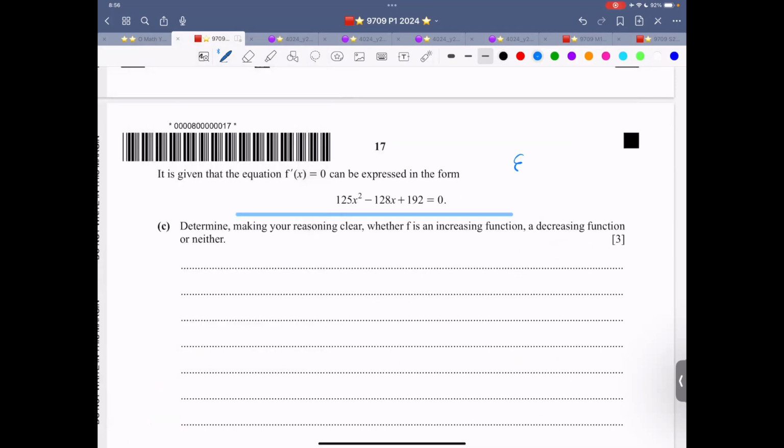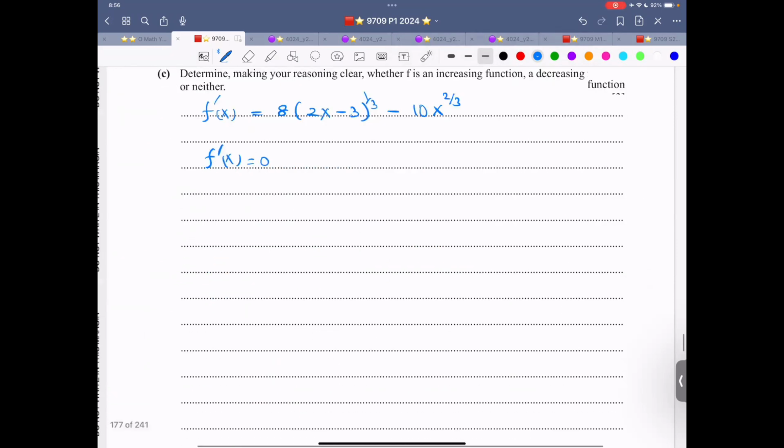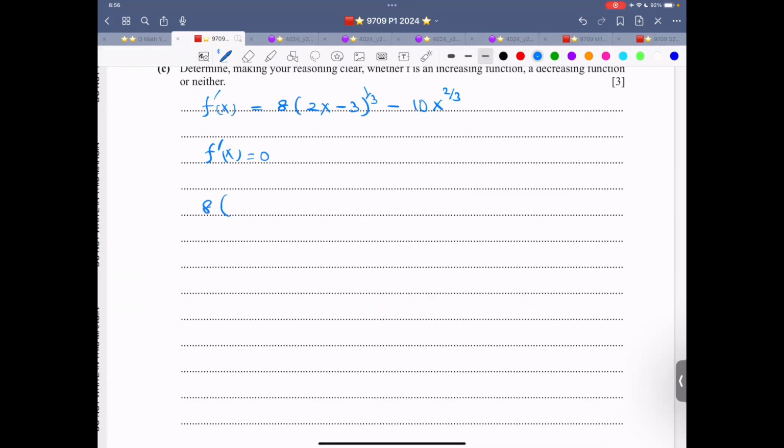So now let me do the extra stuff over here. f prime of x equals 8 times the cube root of (2x minus 3) minus 10x raised to the power of 2/3. If I make this equal to 0, so f prime of x equals 0, therefore 8 bracket (2x minus 3) raised to the power of 1/3 is 10x^(2/3).